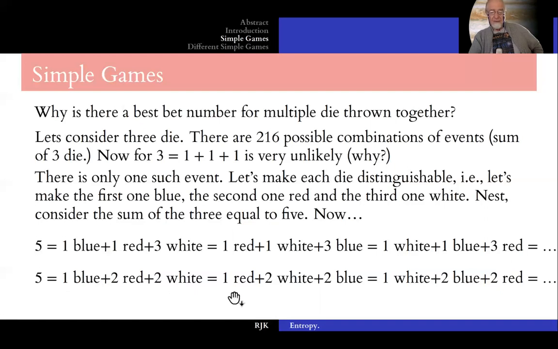Again, permuting the colors, we have 1 red, 2 white, 2 blue. Doing it again, 1 white, 2 blue, 2 red. So all of the different ways in which you can get the same number under different ones counts for a possible sum equal to the same number.